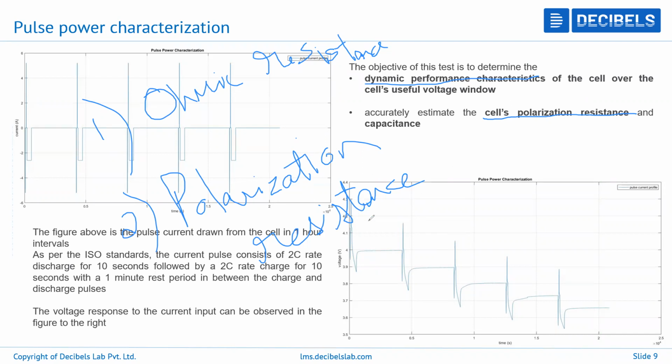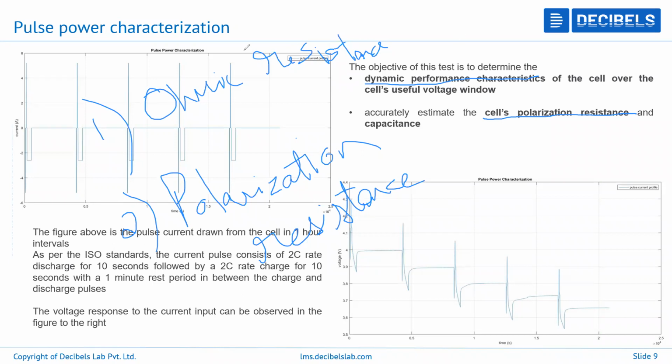By performing this pulse power characterization, you are able to determine accurately what these two resistances are and how exactly they change with respect to the number of cycles. As and when the cell starts to age, you're able to perform this test multiple times and understand how ohmic resistance and polarization resistance change.